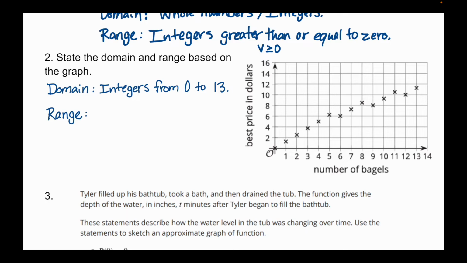So we can say, we'll say all numbers for simplicity. We can say all numbers from 0 to 11.50.